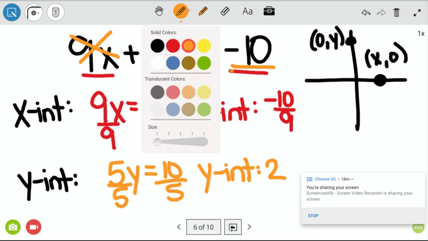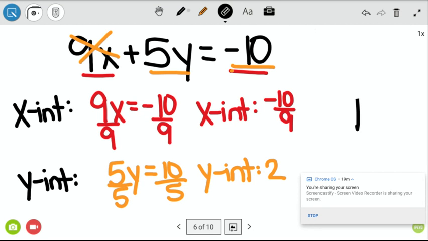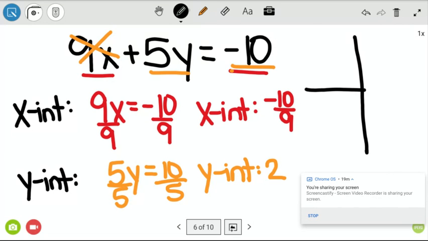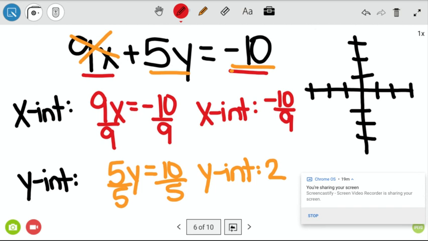Let me erase this part because I can actually show you what it looks like. Negative 10 over 9 is a little bit smaller than negative 1. So the x-intercept is negative 10 over 9, which is a little bit past negative 1, negative 1 and 1/9, so we would make a point on the x-axis just past negative 1.